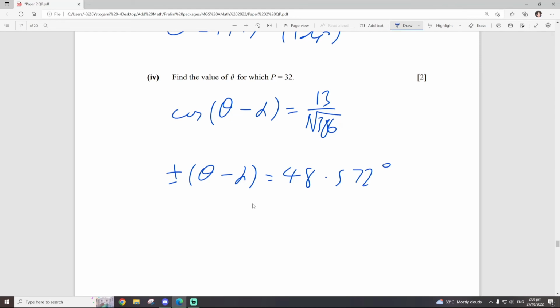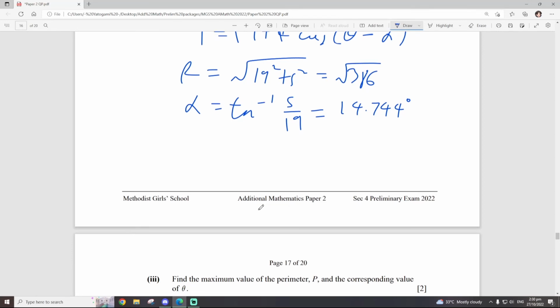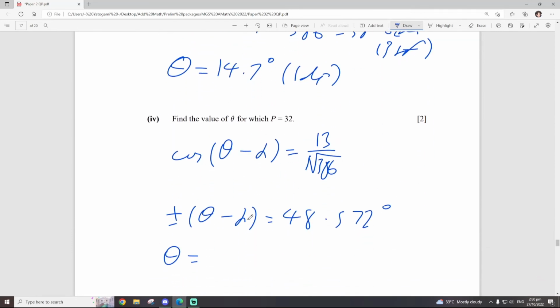So either theta is 63.3 degrees, or if you take the negative case, you will get negative 33.8 degrees, which doesn't make sense.